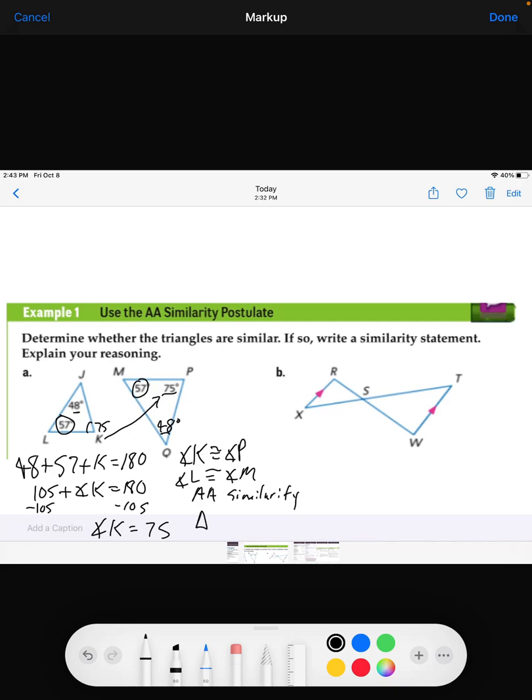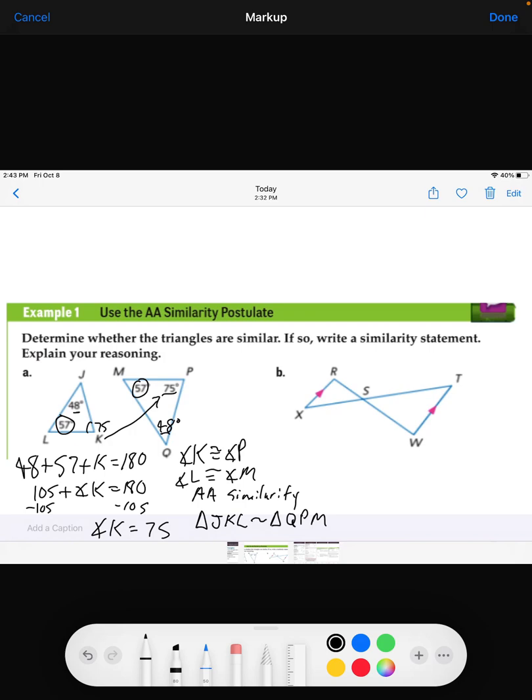We'll say triangle J, which is 48, and then K, let's do the 75, and then the 57, L, is similar to triangle, and then again start with the smallest one, Q, P, M. Smallest, largest, then medium. So JKL is similar to triangle QPM. And we could name this different ways as long as we go in the same order for each triangle.